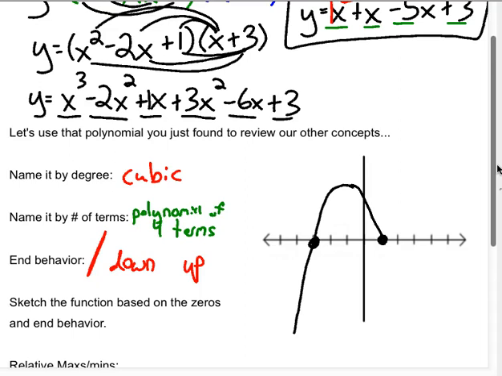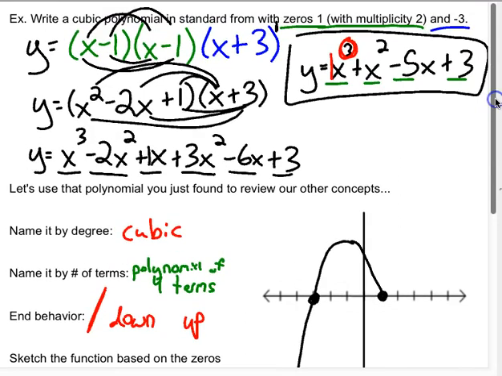Now remember that 0 is special because doesn't that 0 have a multiplicity of 2? Remember, even multiplicities are going to bounce off of the function. So it's going to bounce off of the x-axis here, turn back around, and that's how you can see that right-hand behavior of ending upward.